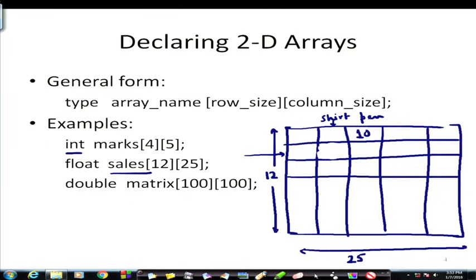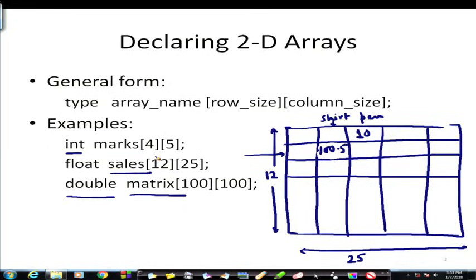So, it can be here 100.5 say, because each of these elements are floating point numbers, all right. Similarly, a matrix can be a 100 by 100 matrix, where each of the elements will be a double precision number.